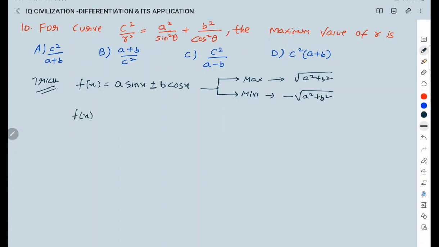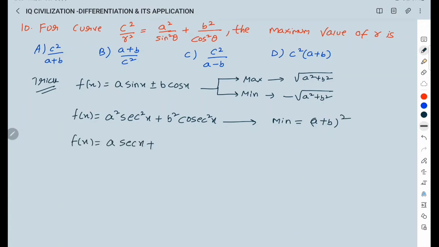If the same question f of x is equal to a square secant square x plus b square cosecant square x is given, then minima value is a plus b whole square. If the same question f of x is equal to a secant x plus b cosecant x is given, then minima value is a power 2 by 3 plus b power 2 by 3, whole power 3 by 2. This is the trick.